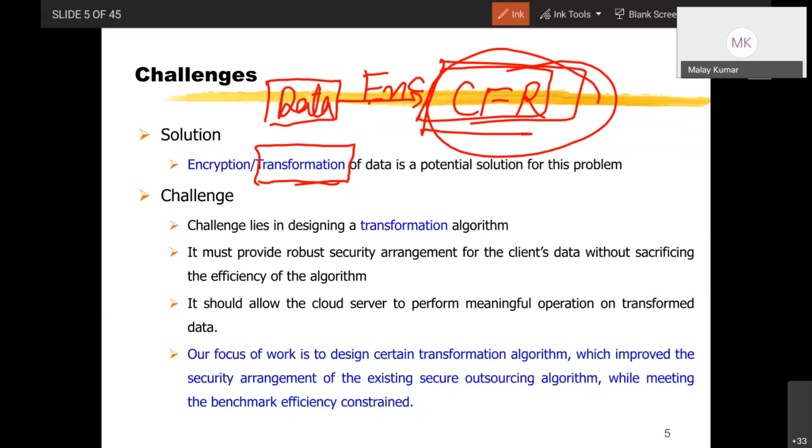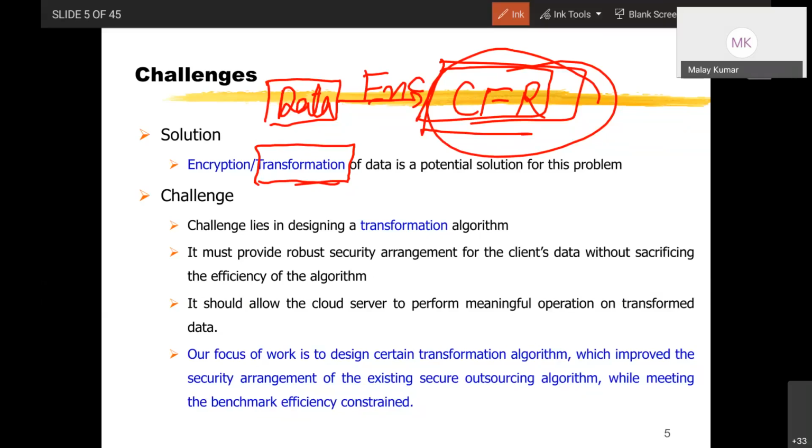Whenever you perform computation of such transformed data over the cloud, the cloud is not able to steal the original information from the transformed data set, and the result produced by the cloud server, when returned back to the client, the client will retransform that result, and it will find the original result of the original data set. So that is the entire concept.